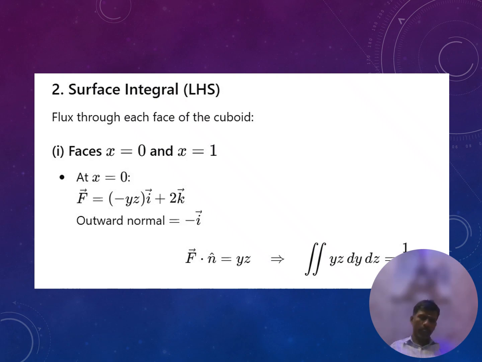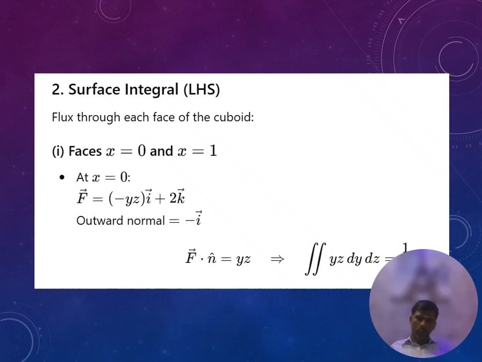Here the outward normal is minus i vector. So F dot n cap is equal to minus yz into minus 1, which is yz.